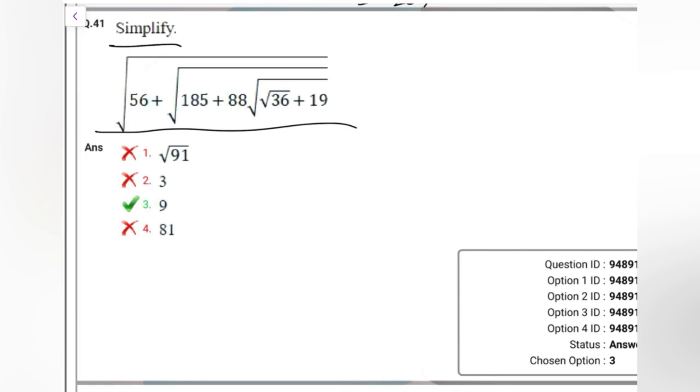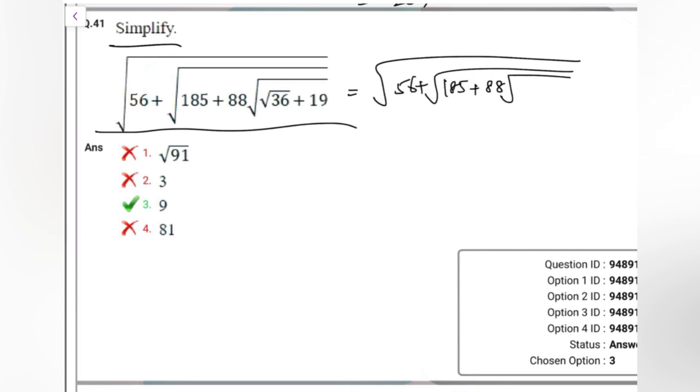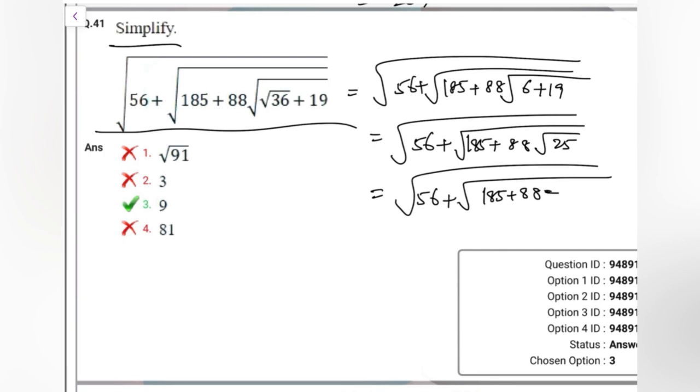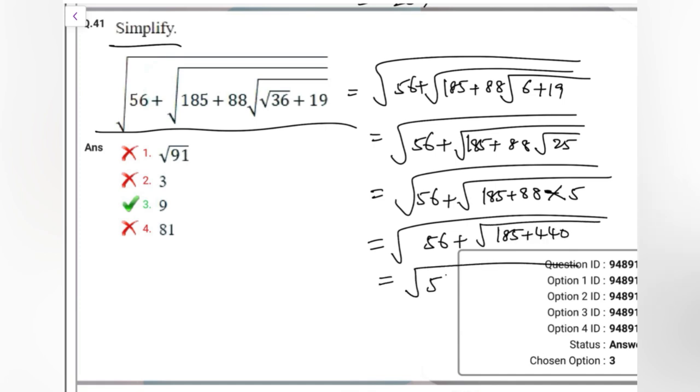It can be written as square root of 56 plus square root of 185 plus 88 square root of 6 plus 19, which is equal to square root of 56 plus square root of 185 plus 88 square root of 25, which is equal to square root of 56 plus square root of 185 plus 88 into 5, which is equal to square root of 56 plus square root of 185 plus 440, which is equal to square root of 56 plus square root of 625, which is equal to square root of 56 plus 25, that is equal to square root of 81, which is equal to 9. So option 3 is correct.